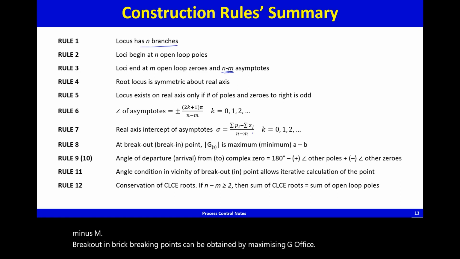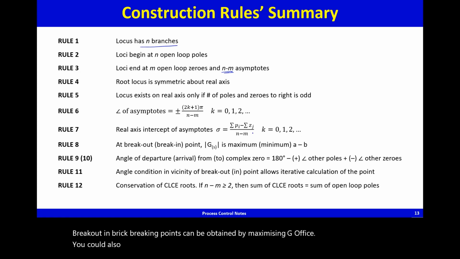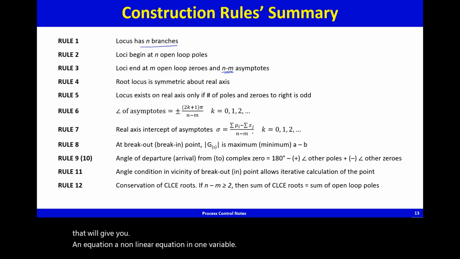You could also invoke the angle condition in the vicinity of the break-in or breakout point, and that will give you a nonlinear equation in one variable, which is the distance of the breakout point from one of the nearer poles. That distance can then be iteratively calculated by solving that nonlinear equation.